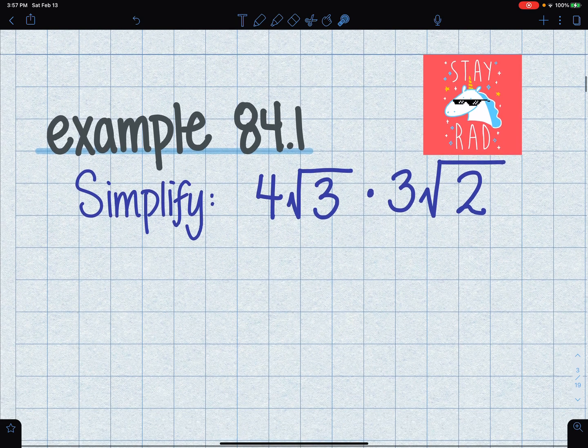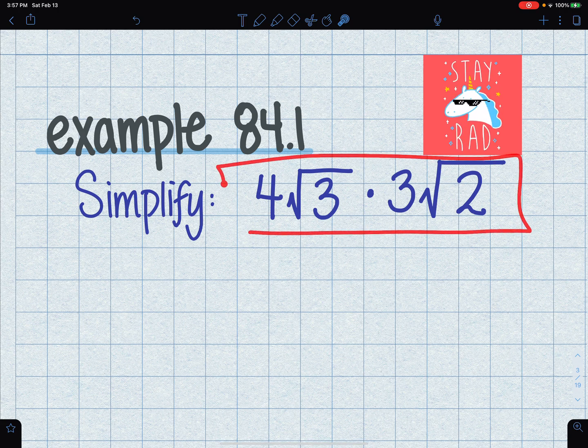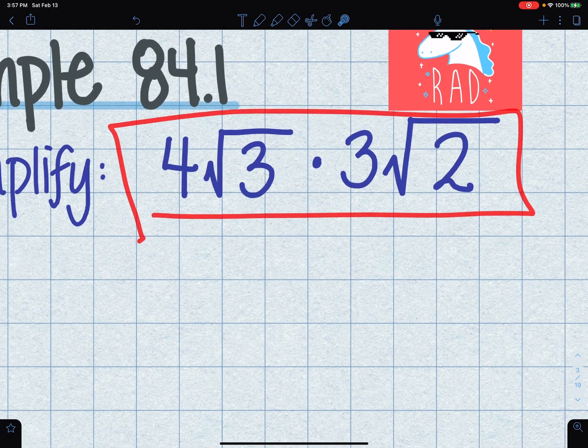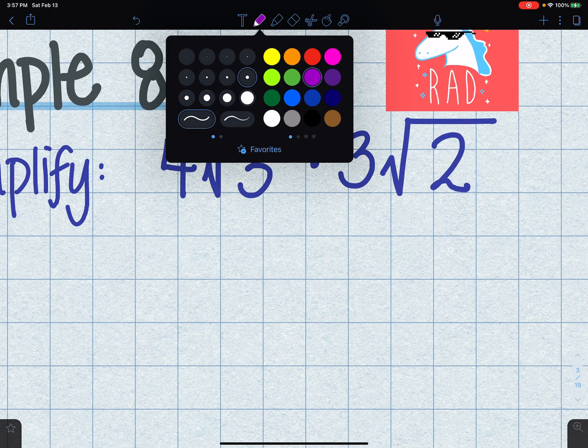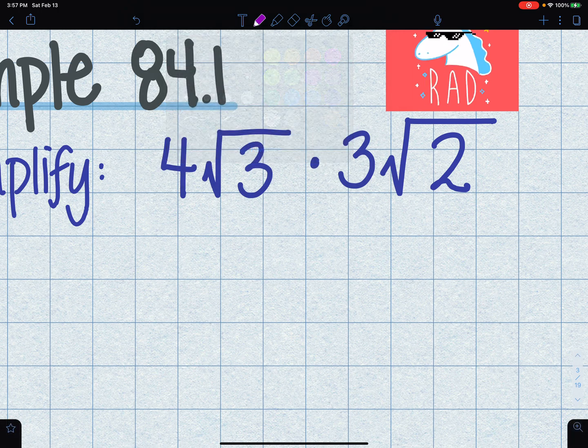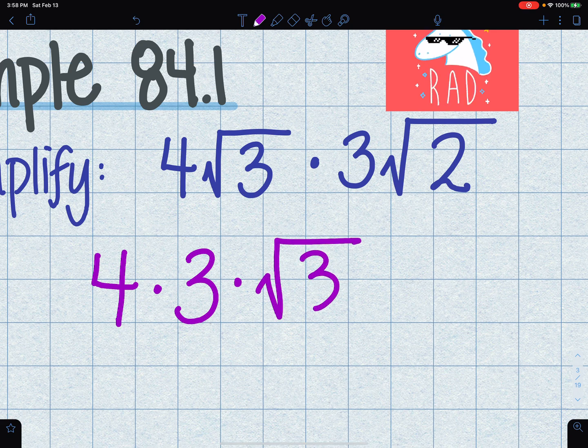This is example 84.1 on the next page, on page 346, and it tells us to simplify this. 4 square root 3 times 3 square root 2. They say that you can rearrange it if it's easier for you, where you just take the coefficients, 4 times 3, and then you, just changing the order, multiply the radicals, square root 3, square root 2.